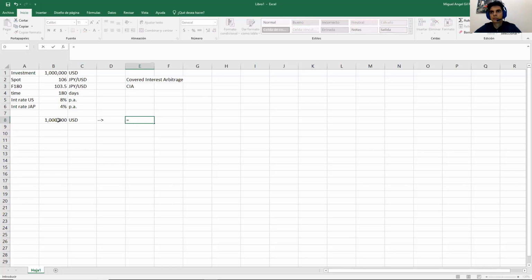Using simple interest, where it's going to be $1 million times (1 plus the American rate, which is 8%, times 180 over 360). It's similar to the formula that we just learned about pricing a forward, okay?